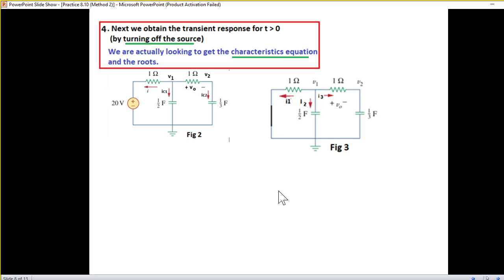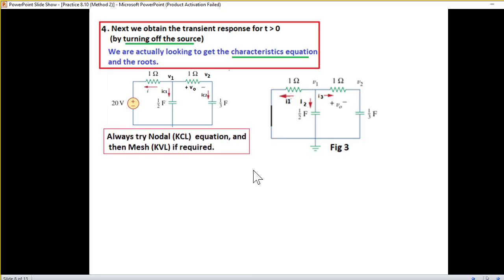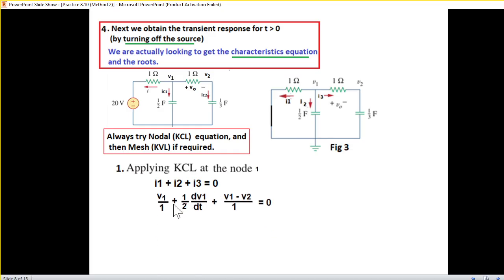So turn off the source, and here also we'll write KCL at node 1: I1 plus I2 plus I3 equals 0. Putting the values now, in this case, remember I1 is only V1 divided by 1.